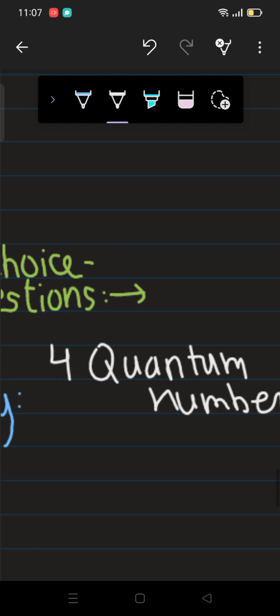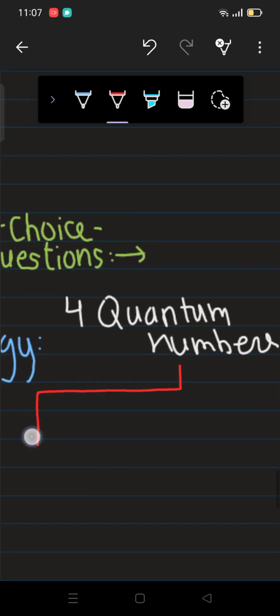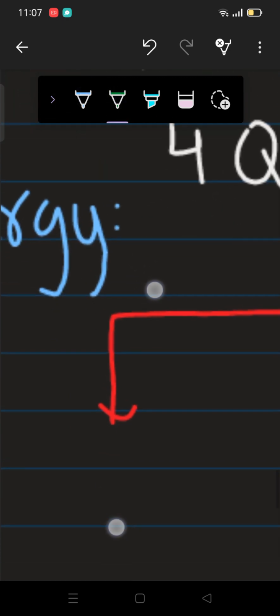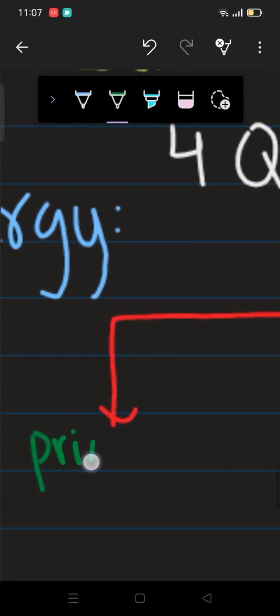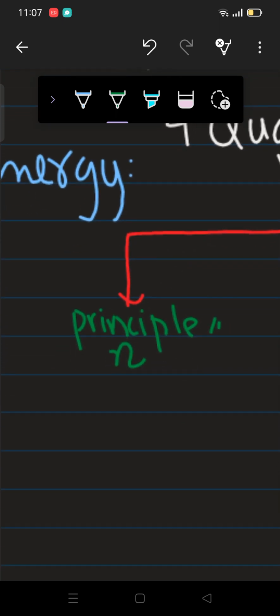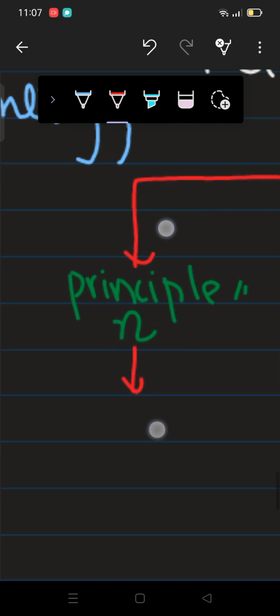We have 4 quantum numbers. The first is the principal quantum number, which is represented by n, and it tells us about the shells.